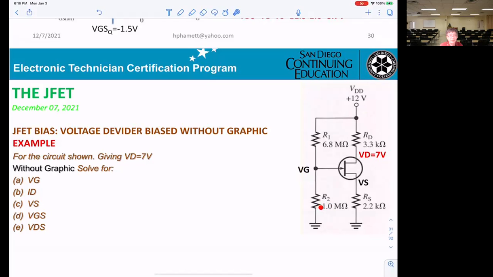Okay. And for ID, they already gave you VD 7 volt. You can calculate the ID. ID equal VDD minus VD divided by RD. Okay. And now my question is, how do I calculate the VS?